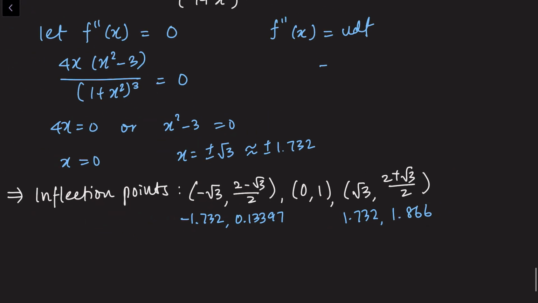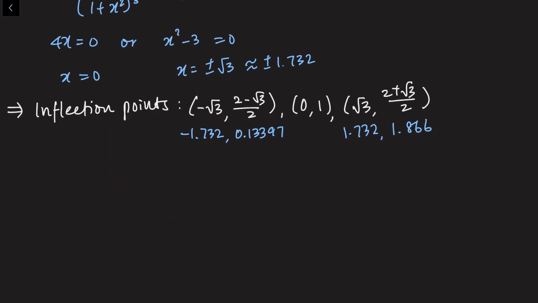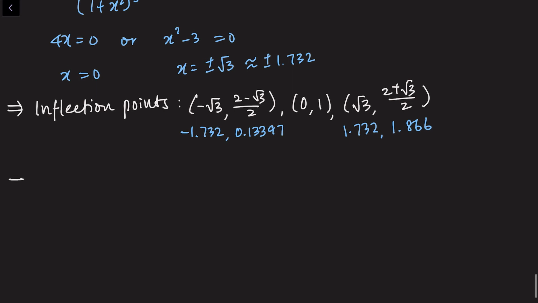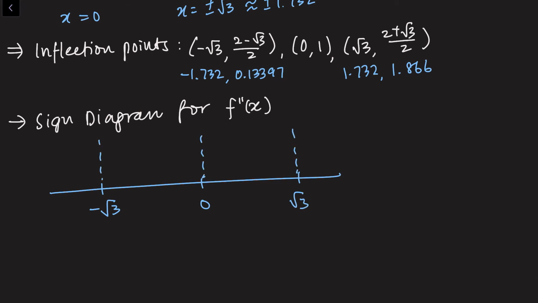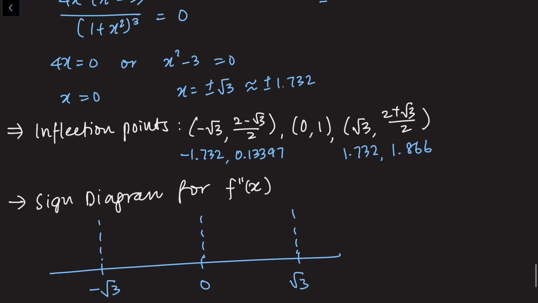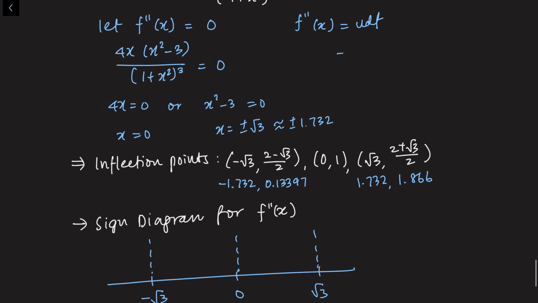Then the next one is the sign diagram for the second derivative, f double prime x. Just go ahead and draw negative square root of 3, 0, and square root of 3. Then our f double prime x was this one here, right?